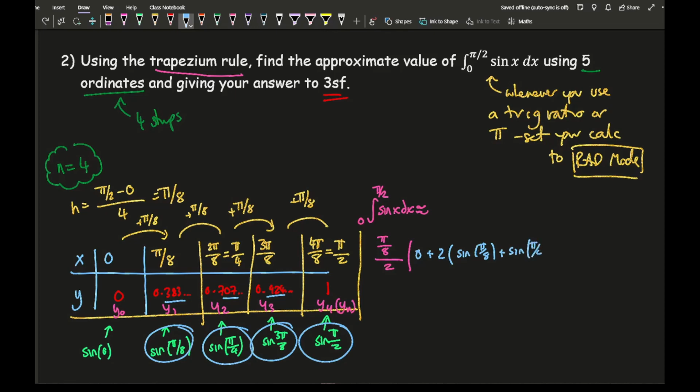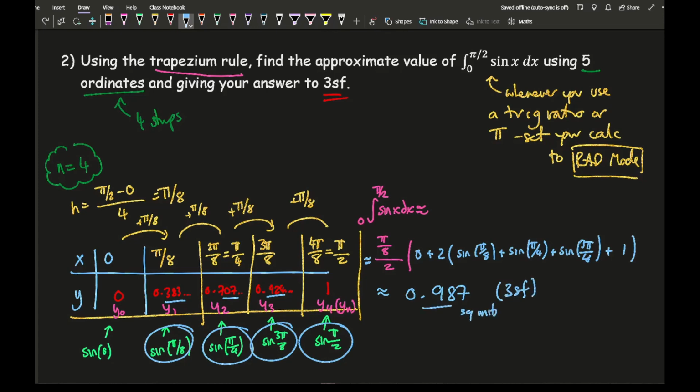Sine pi over 4 plus sine 3 pi over 8, and then close bracket plus, and then it's just 1. So if I enter all of that into my calculator, I should end up with a value of 0.987 to 3 sig fig square units.